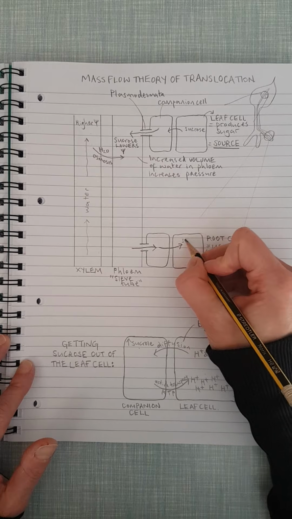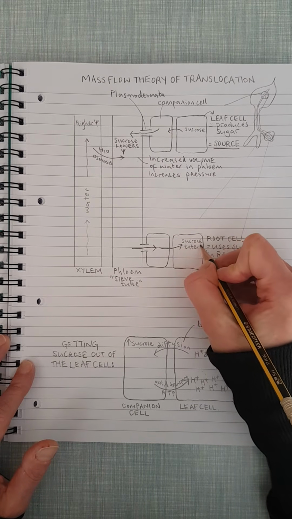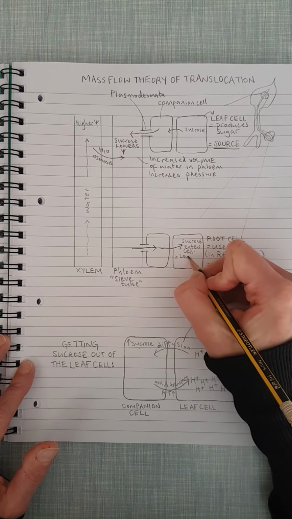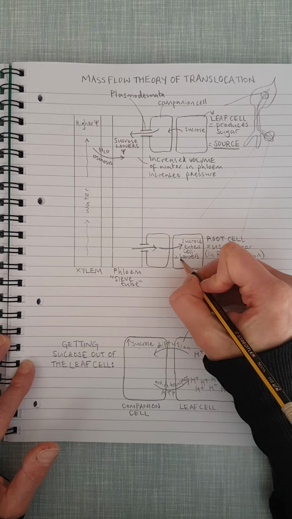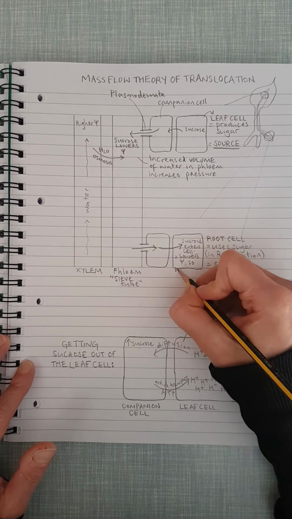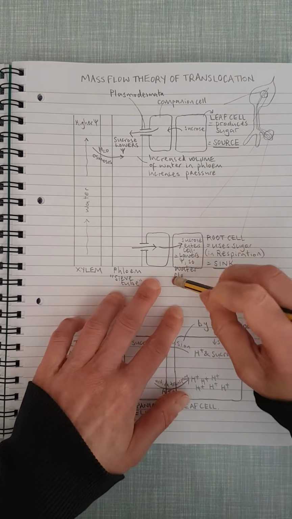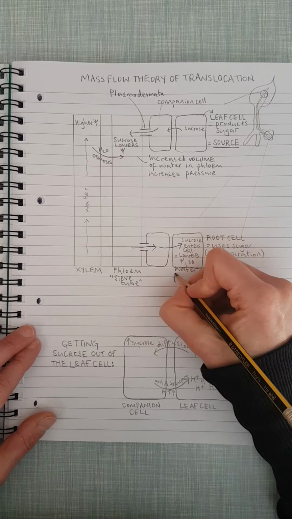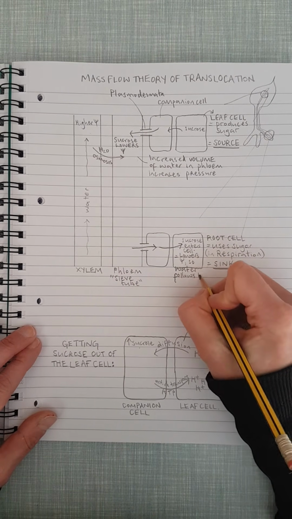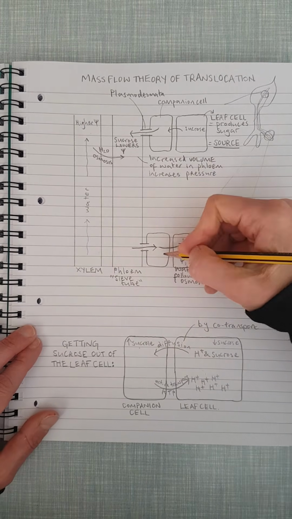Okay, so the sucrose enters the cell and it lowers the water potential. Bit of a theme developing here. So what that means is the water follows from the companion cell and from the phloem, the water follows by osmosis. So now we've got water leaving the phloem.